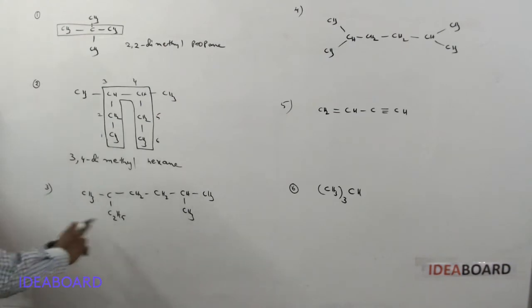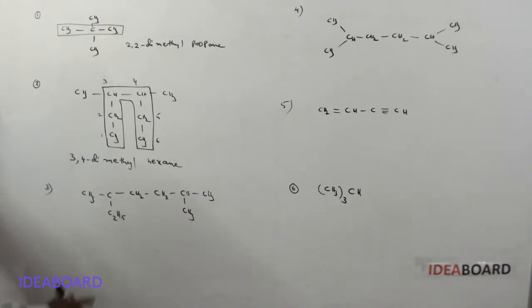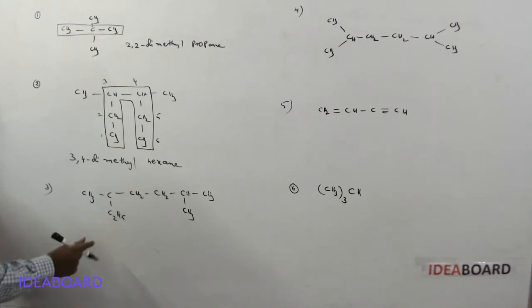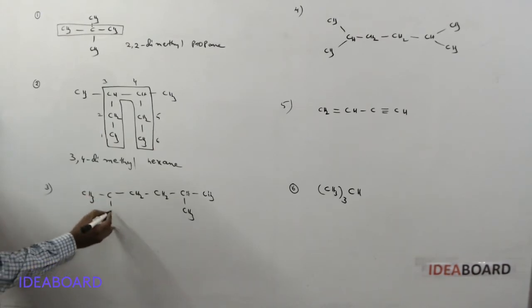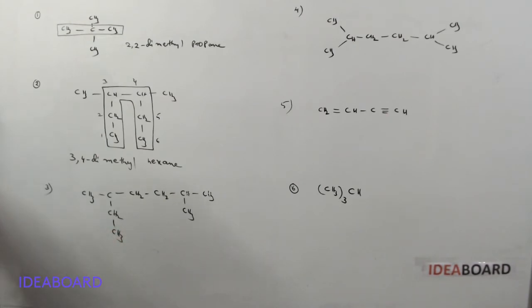Next, here what is the parent chain? 1, 2, 3, 4, 5, 6. Is it correct? No. Why? Because here we have an ethyl group. We need to expand this ethyl group. So I am erasing and expanding this ethyl group. Here it is CH2 and CH3.